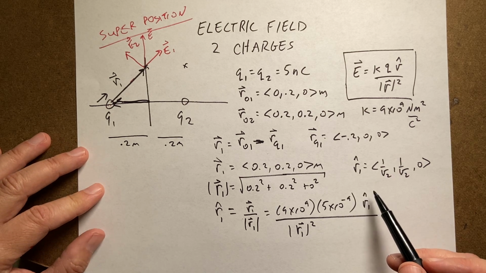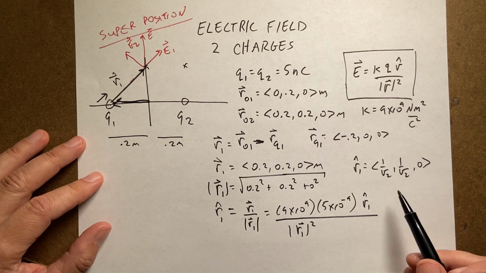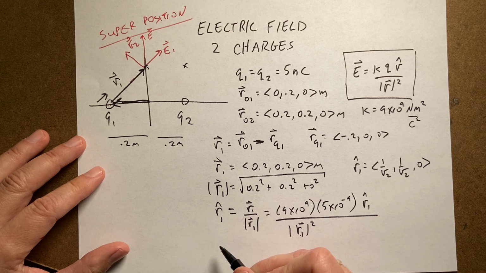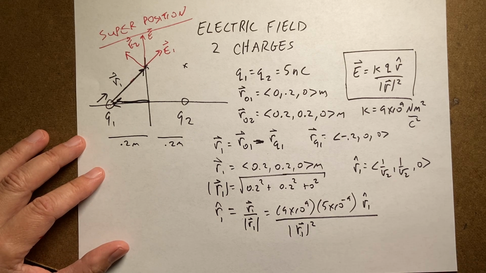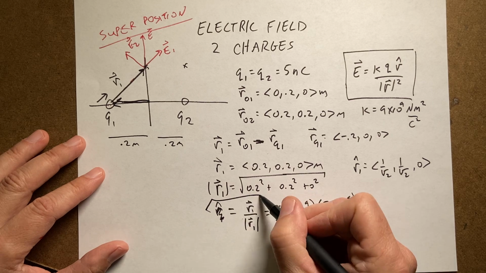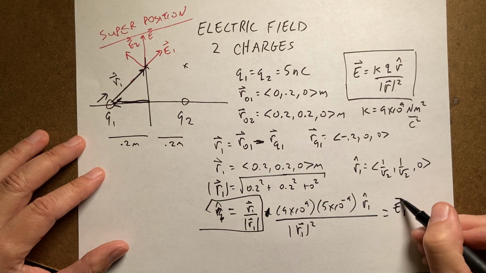So that does have the right units. It just happened to be that I could do that one. So I put that in here, I put this in, and I crank it out. And that is E1.